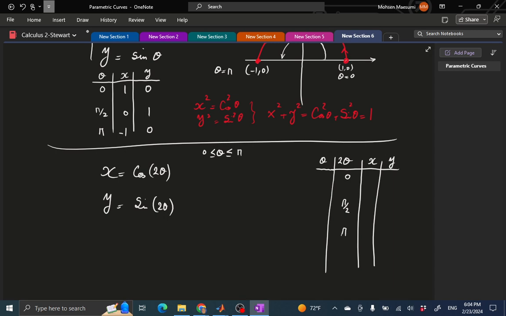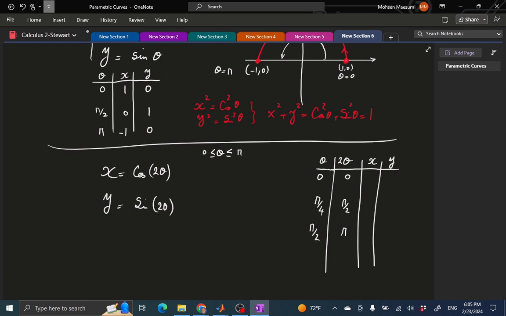Now if you are choosing 2 theta first, our theta is of course going to be half of these values. So this is half of 0, half of pi over 2, half of pi. These are theta values. We are doubling them to get these values.